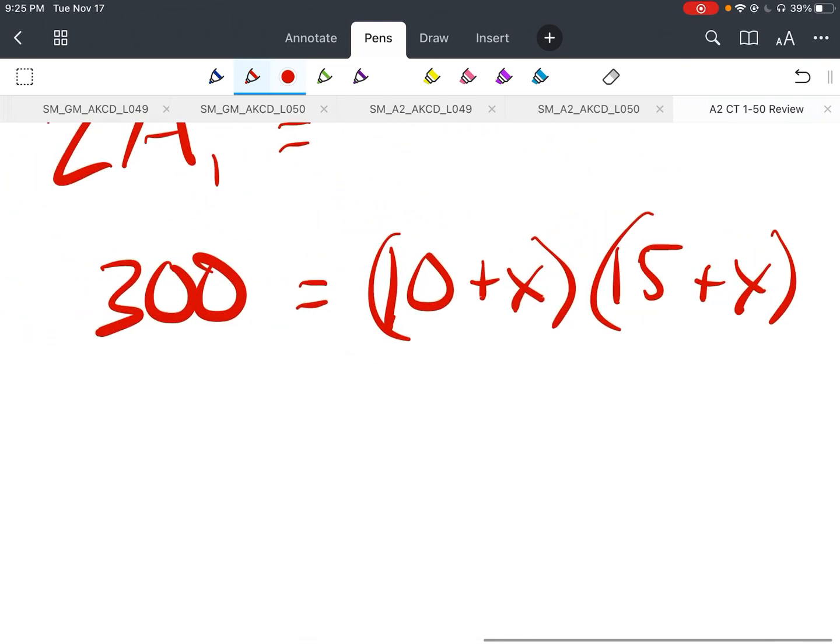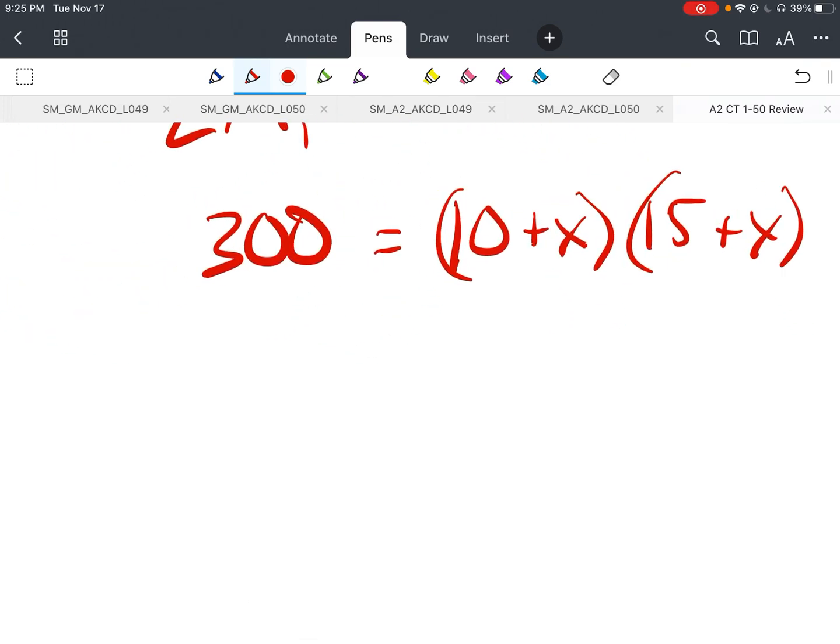Okay, so let's just solve this and we'll be done. We'll start with FOIL. Yeah, let's do our FOIL first. So first times first is 150. Outer is 10x, inner is 15x, and last is x squared.